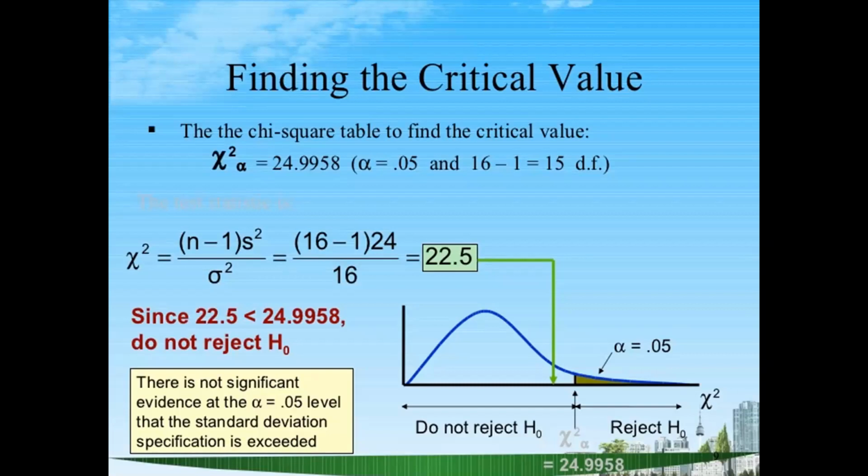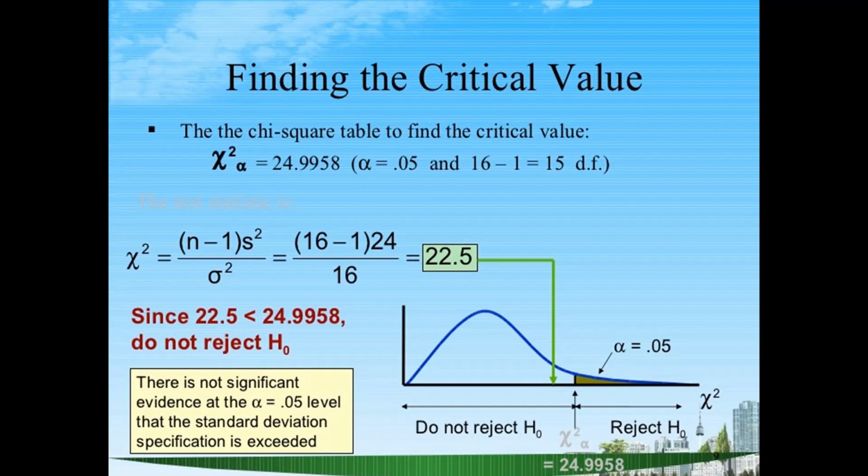For a small example of finding the critical value, use the chi-square table to find the critical value: chi square alpha equal to 24.9958, with alpha equal to 0.05 and n minus 1, 16 minus 1 equal to 15 df. Chi square equals n minus 1 into s square divided by sigma square, equal to 16 minus 1 into 24 divided by 16, equal to 22.5.